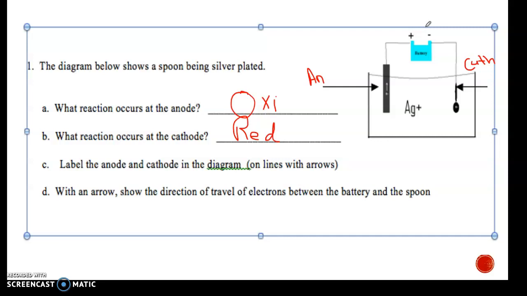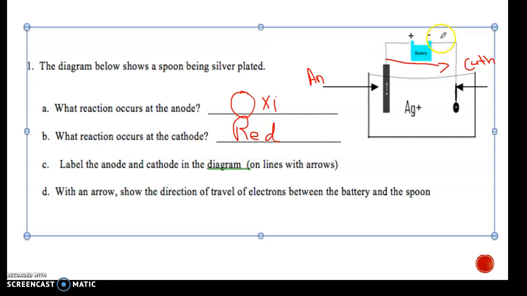Then it says, with an arrow, show the direction of travel of electrons between the battery and the spoon. All right. Well, I know that based on the reading, the cathode draws in the electrons while the anode sends them away. So that means the anode is going to be sending the electrons to the cathode.